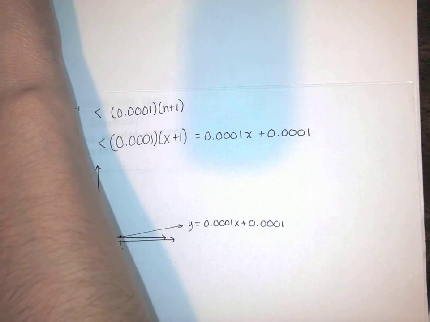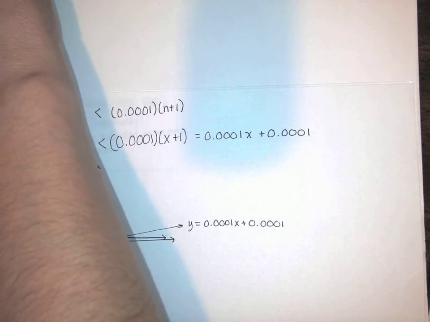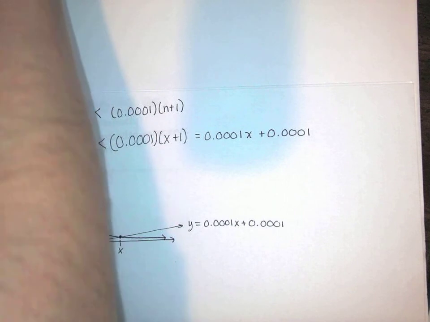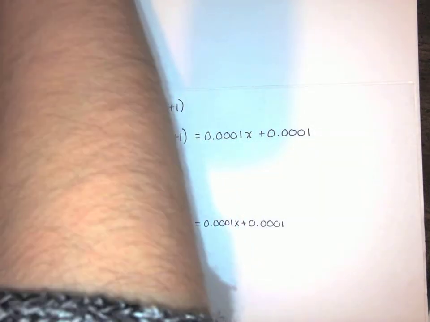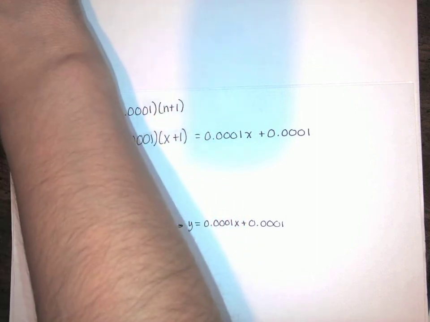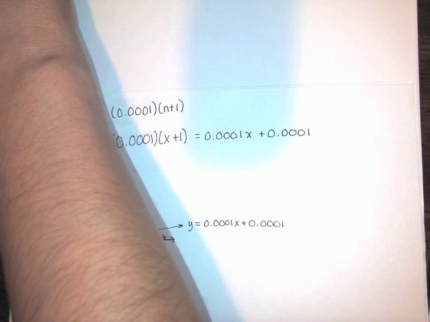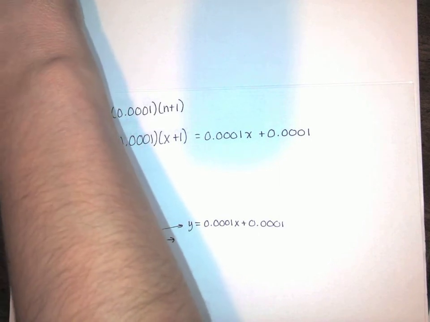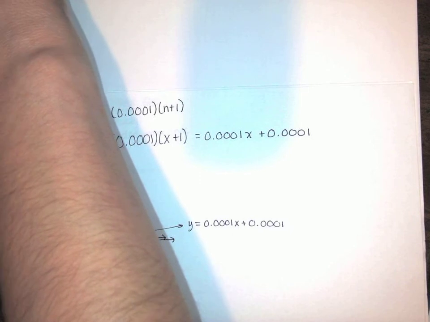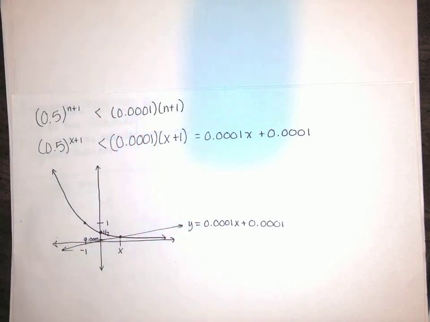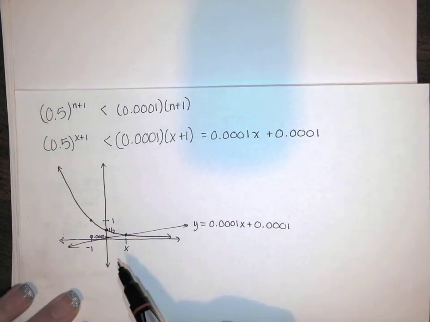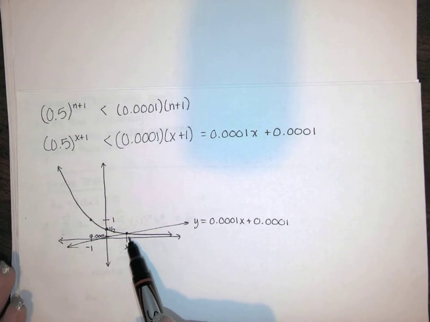And then I'm going to zoom way out, and I'm looking for a point of intersection. Or maybe I'm actually zooming way in. Even on my graphing calculator, it's difficult to see where those two curves cross.